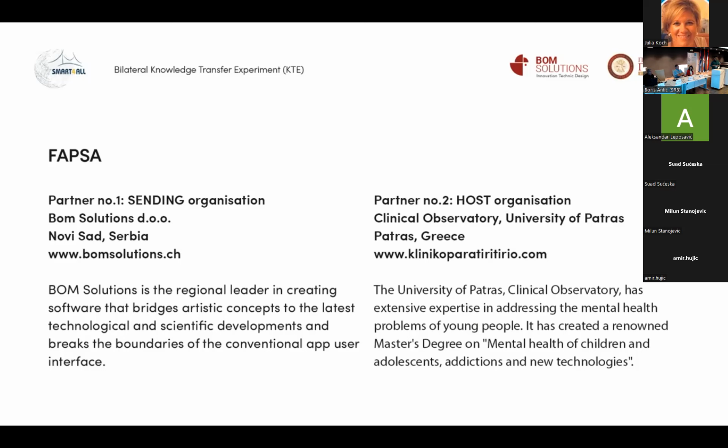We also believe that visualizing the data is the future of our communication, which means that we can make better decisions, we can lower the risk when making some decision, and so on. So this is why we believe this is a really good match between these two partners in this project.